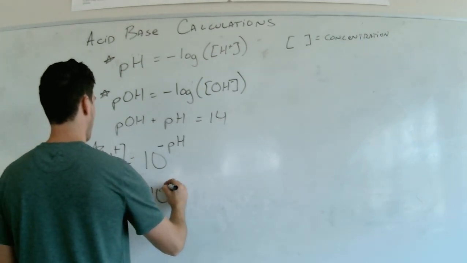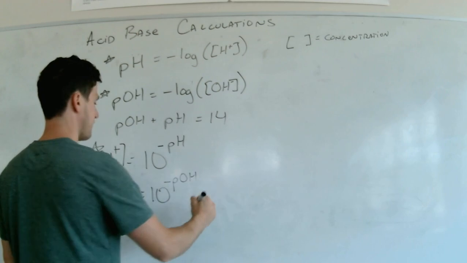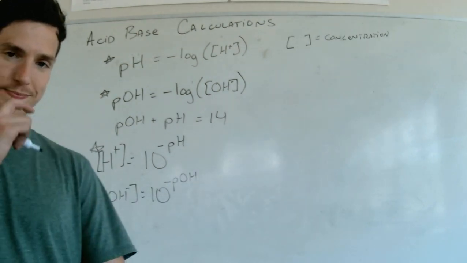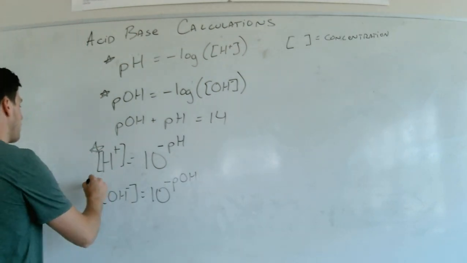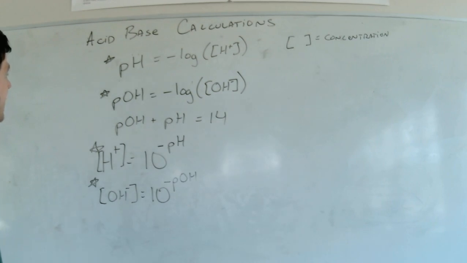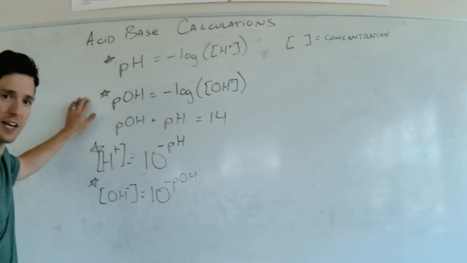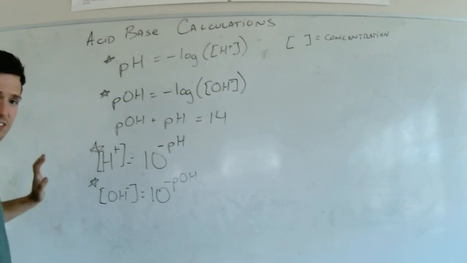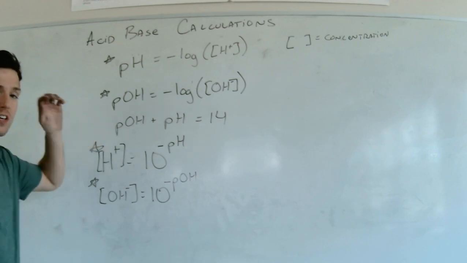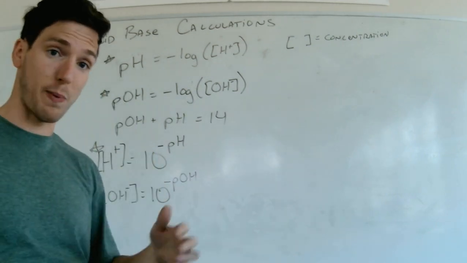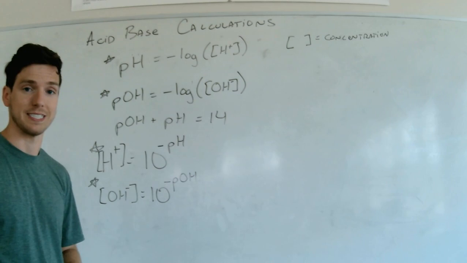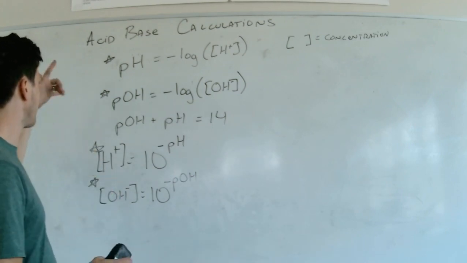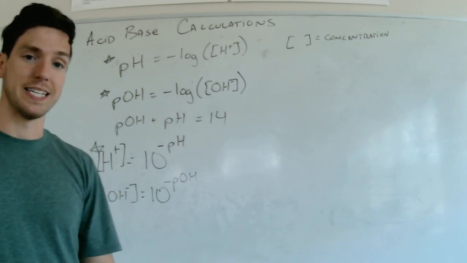Well, guess what? It's just 10 to the negative pOH. So we have 5 equations. We now can find pH, pOH, the concentration of acid, the concentration of base, and we can go from pOH to pH by subtracting either one from 14. So those are our 5 equations that we need to have.